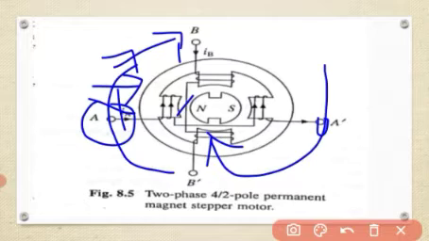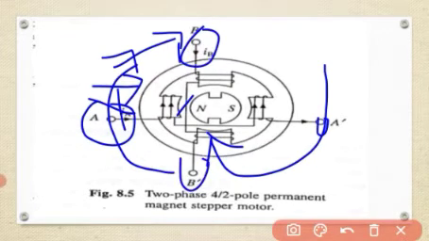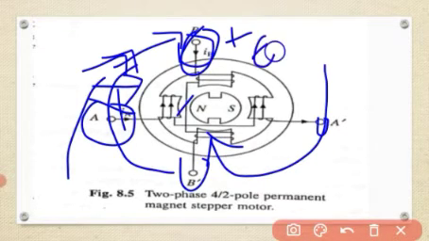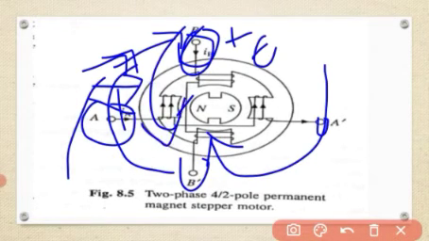This is the difference: it depends on how you apply the excitation to the coils, whether positive or negative. If you are applying it for clockwise, it should be positive, or else it will be negative and the rotor will rotate in the anti-clockwise direction.